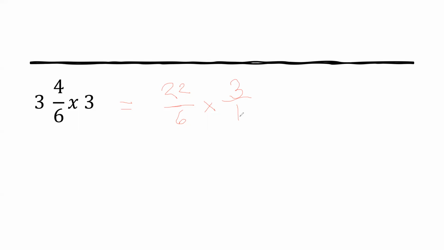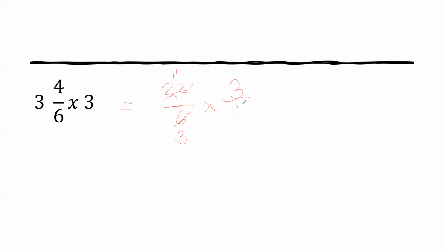Ngayon, kung that's the case, that we have 22/6 and 3/1, sa 22 at 6 may makakapag-divide. Meron po. 2. That's correct. So this will be 22 divided by 2, that is 11. Then we have 6 divided by 2, that will be 3.